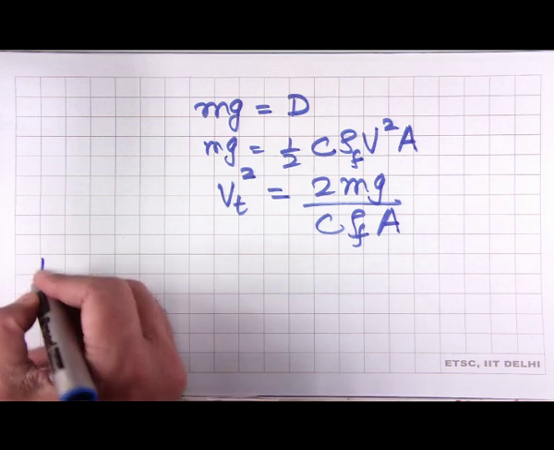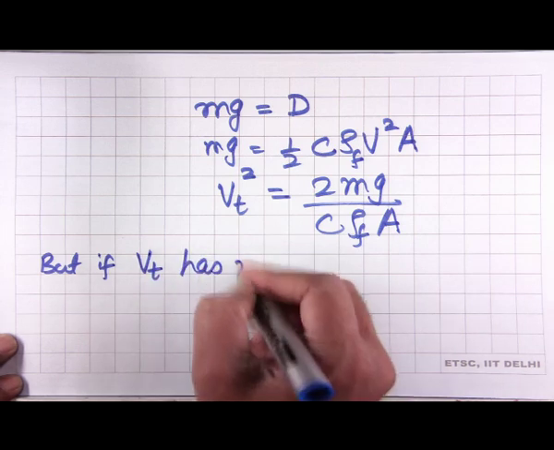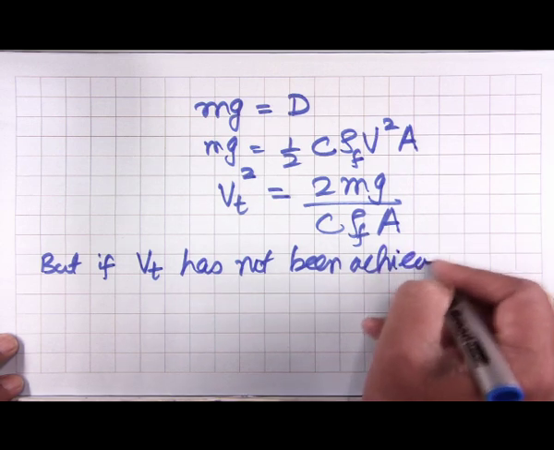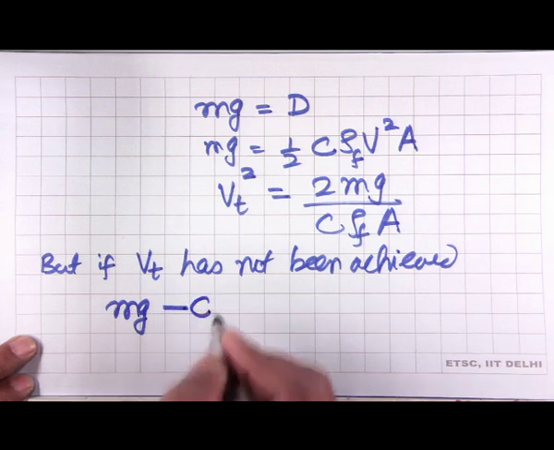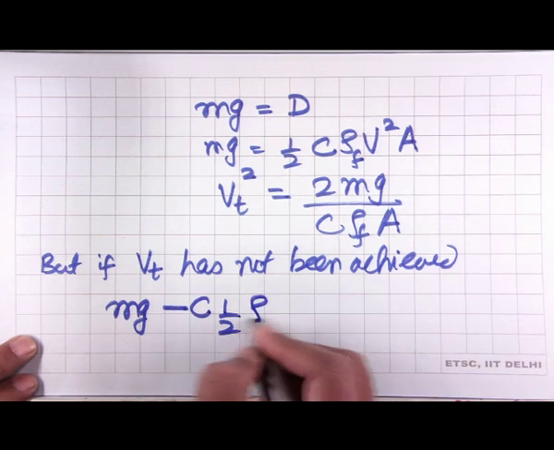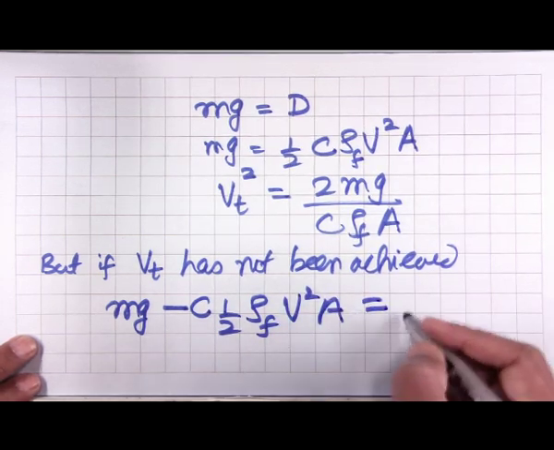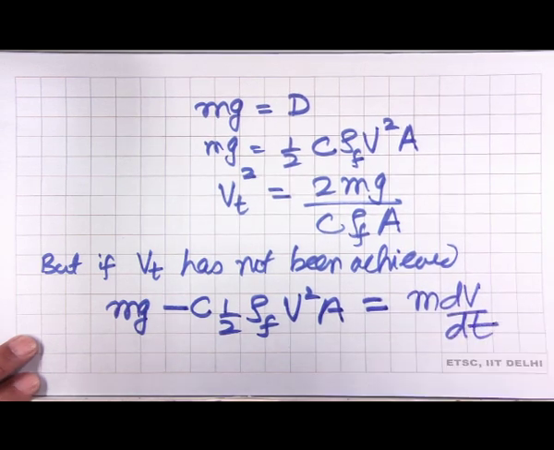But if Vt has not been achieved, then we still have mg minus C times half rho f V square times A equal to mass times acceleration, which is equal to m times dv by dt.